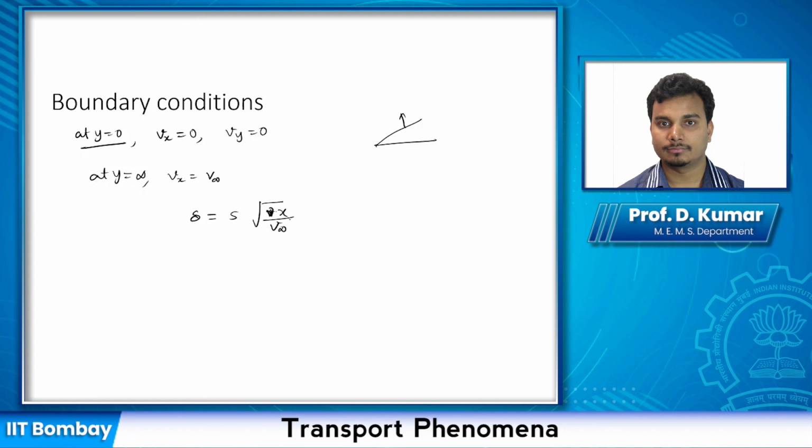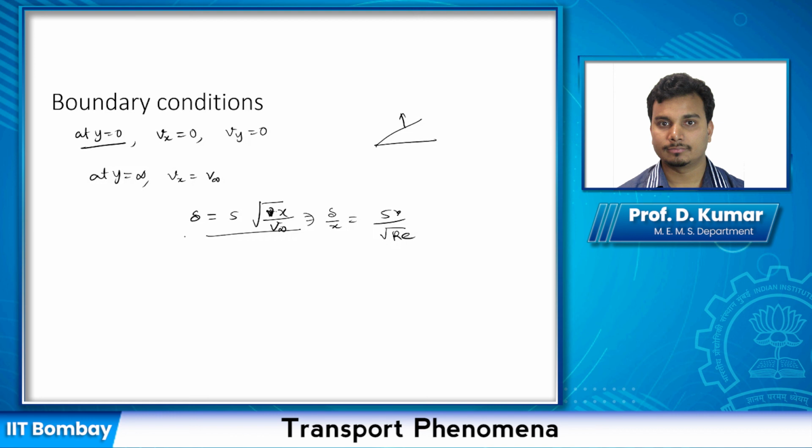So we have this mu by rho, and we know that delta by x is equal to 5 by square root of Re. If you do that, you can rearrange this equation to find this. So this solution actually comes from this analytical method, of course for laminar flow.